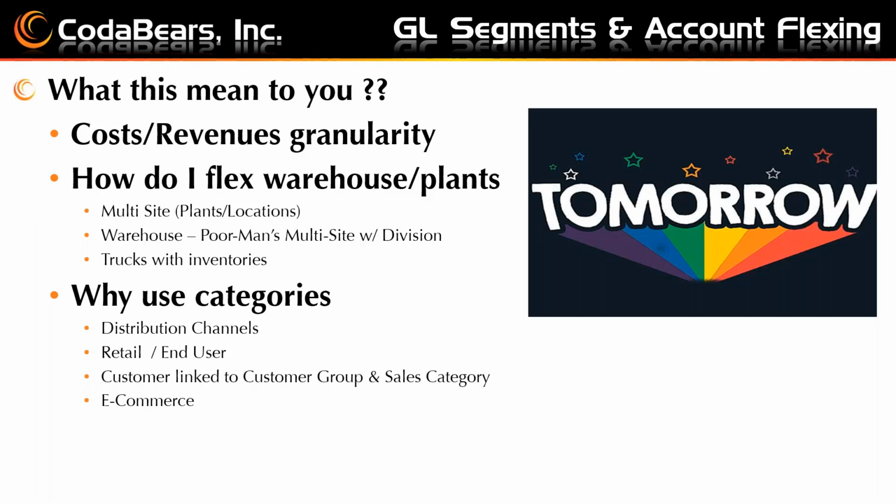Flexing the miscellaneous charge by sales category. I think you would have to set up multiple miscellaneous charges and have each one tied to the general ledger control. I don't think the GL control on a miscellaneous charge is going to flex by the sales category. You would just have to set up multiple miscellaneous charges for each one then.